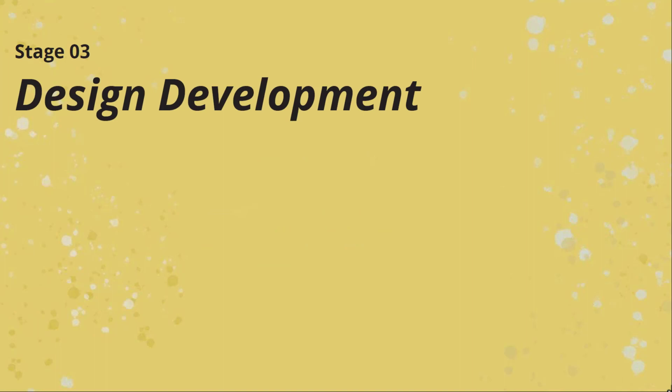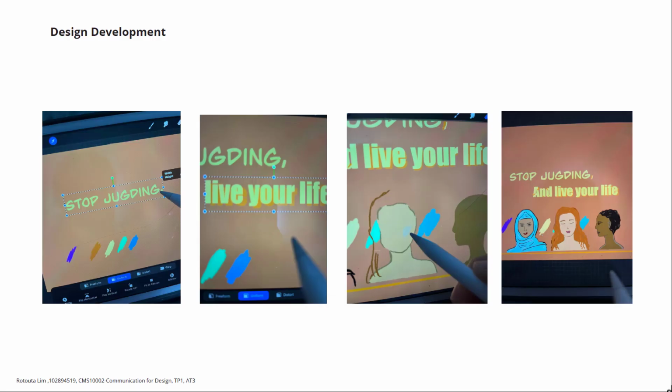Step 3, design development. For design development, I started by beginning my drawing of the artwork on my iPad. My topic, to be clear, is about racism and prejudice, and so I would like to include four women representing their religion, culture or country in my artwork: Muslim, Asian, European, and Black women.